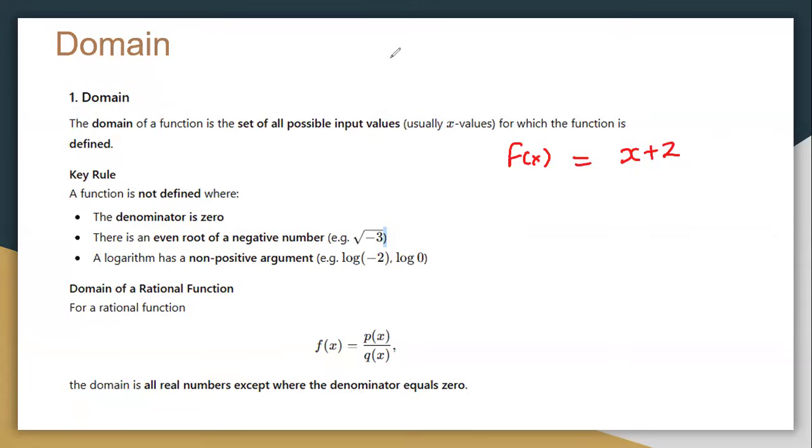I wanted people to tell me what is your domain. In your senior 2, you looked at domain.